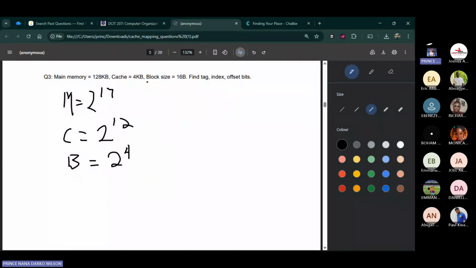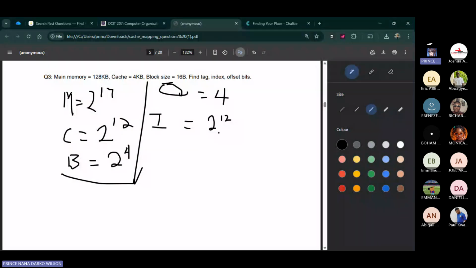So we start by finding our offsets. That's just going to be log 2 of the block size, so our offset is going to be 4. That one is easy. And our index is going to be the quotient of our cache, which is 2 to the power 12, and our block size, which is 2 to the power 4.